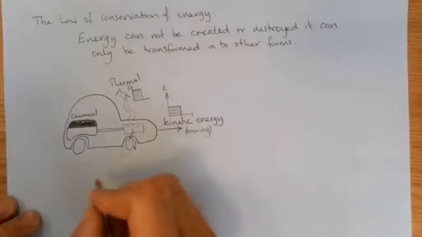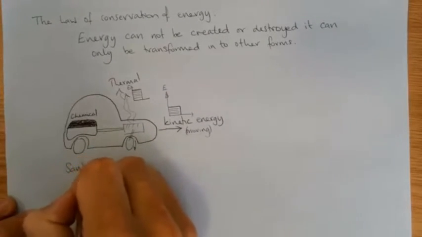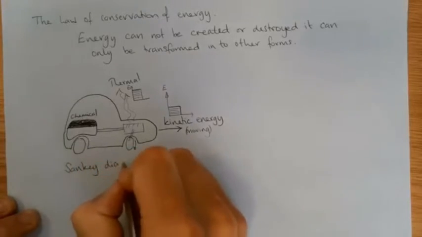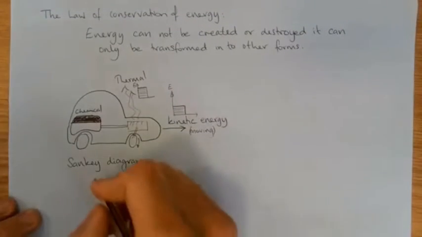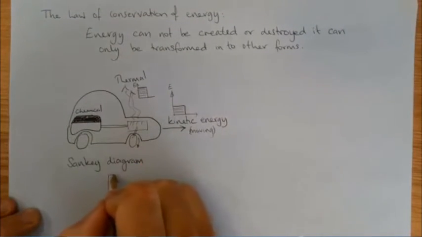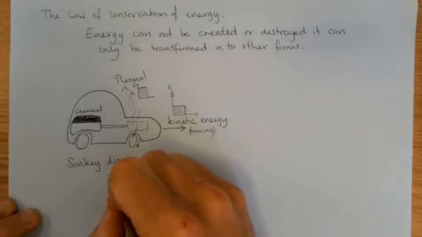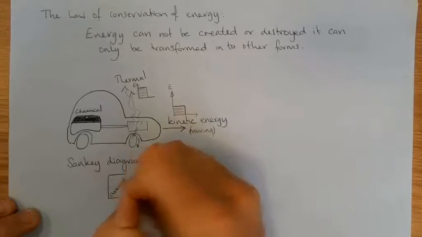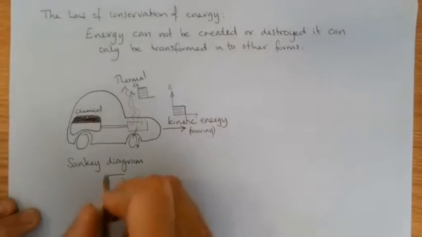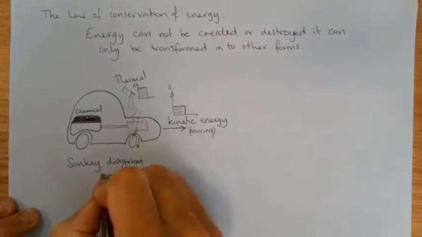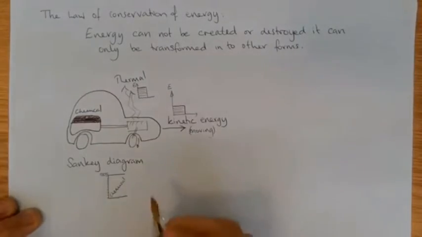The way we show that is by using something called a Sankey diagram, which again is just a useful way of considering these stores. And we can draw the start of an arrow, and this is all of the chemical energy. So we have this value, so this quantity, whatever that value is, say 100% of chemical energy.